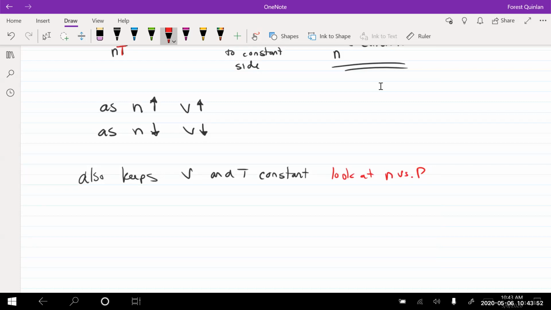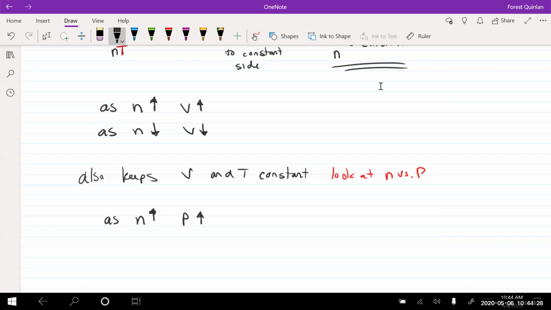Now, we already know intuitively what this is. As the number of moles gets bigger, as you take a sealed container, right? He can do this. He can have a hard metal container whose volume will not change. He'll do this experiment in his lab where the temperature is not going to change. And he's just going to push and push and push gases inside of that chamber. As more moles of gas, as more amount of gas gets shoved into that chamber, is the pressure going to go up or down?